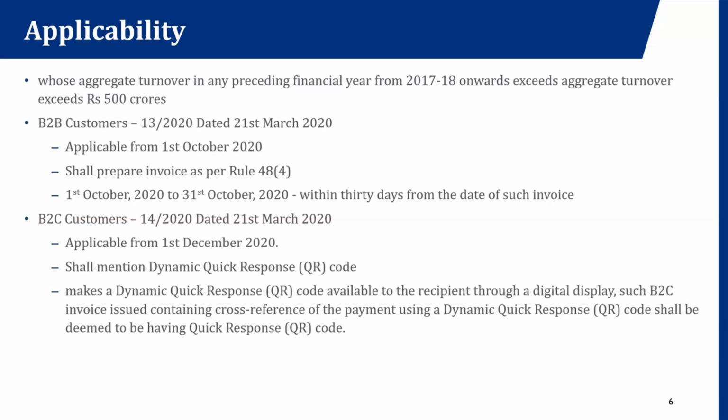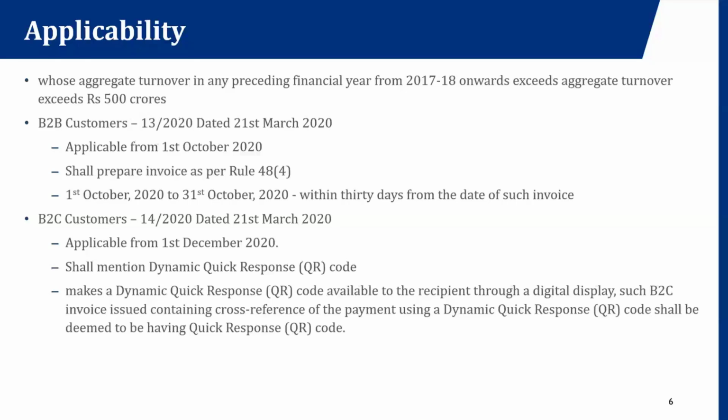Now we'll come to B2C customers. The main notification is 14 of 2020, dated 21st of March 2020, applicable from 1st of December. So that is coming now. There we have to mention a dynamic QR code, which is separate from the QR code applicable for B2B customers.